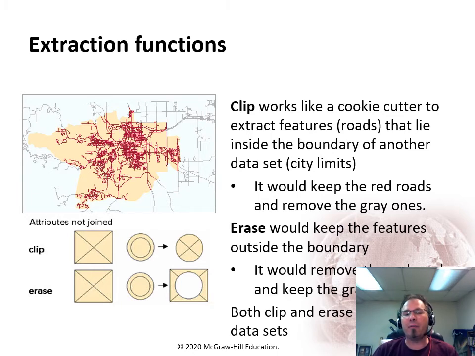A good example of that is typically linear features, let's say roads, rivers, railroads, stuff like that. They don't end at political boundaries, but I need them to end at political boundaries. So I take my clip tool and the shape of Milwaukee County and I chop it down, and I still get back my roads, rivers or railroads, but I now have them in the shape of Milwaukee County.